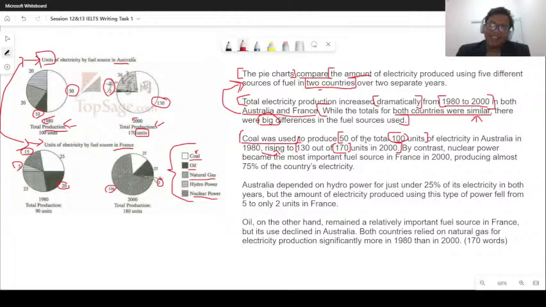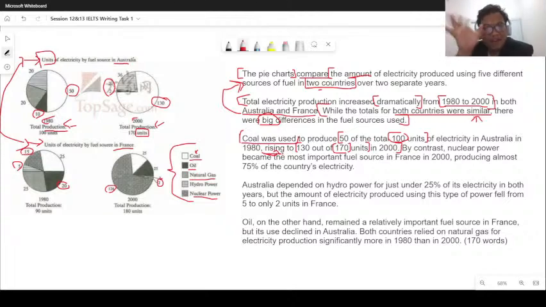The structure itself does feel repetitive here, but do note that this is the unit of the chart, and it's pretty difficult, especially when it comes to specific units. You might not be able to change it. So what you can change is the structure of the sentence, but make sure it's delivered differently. Here you can see "coal was used to produce," and then in the second part, this person used "rising to," immediately starting with a gerund in the subclause, instead of a verb to be with a simple verb and then repeating the trend.